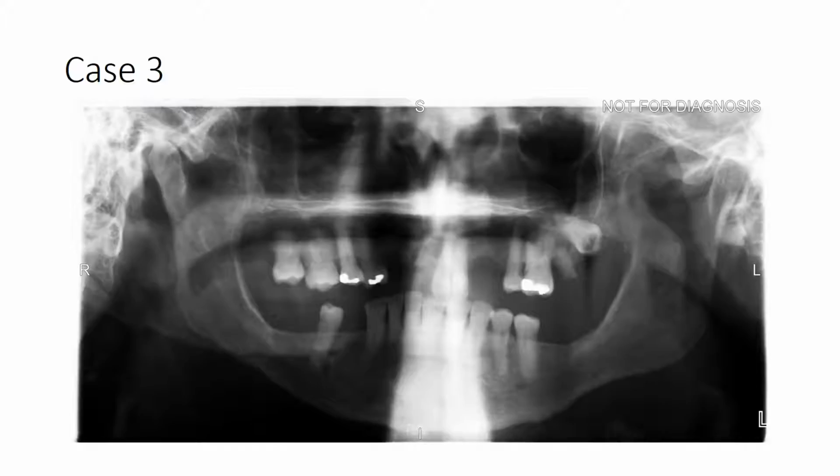This panoramic radiograph demonstrates multiple decayed, restored, and missing teeth. In particular, there's a decayed root tip in the left upper quadrant. There is also coronal radiolucency representing decay of the maxillary left third molar.